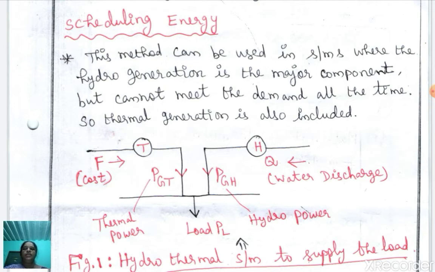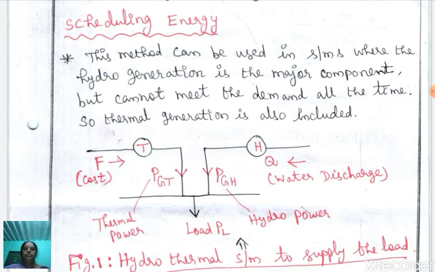On the left hand side is the thermal power plant with cost F and thermal power P_GT, and on the right hand side is the hydro power plant with hydro power P_GH and Q the water discharge, then the load P_L.